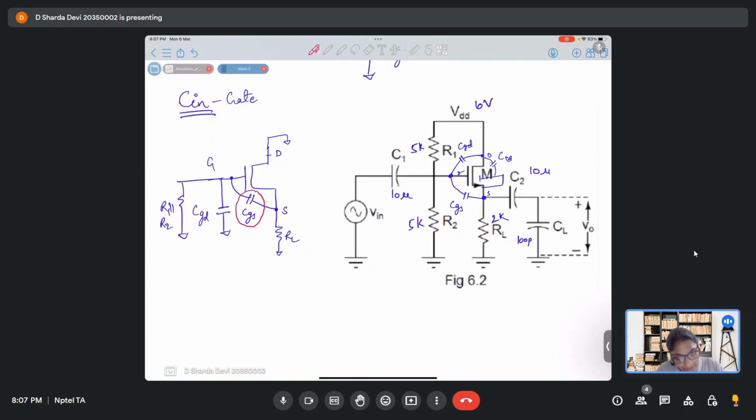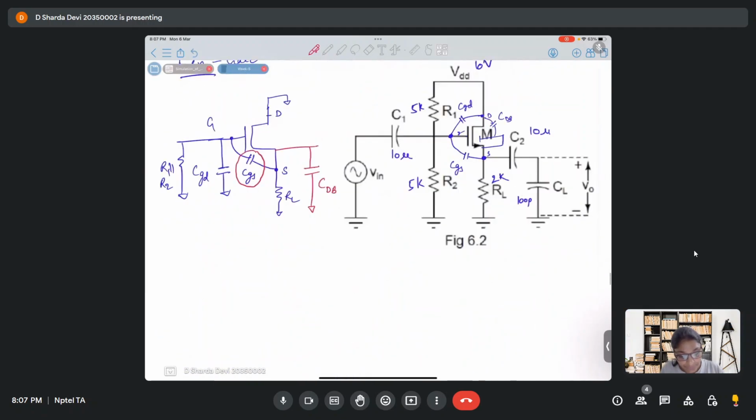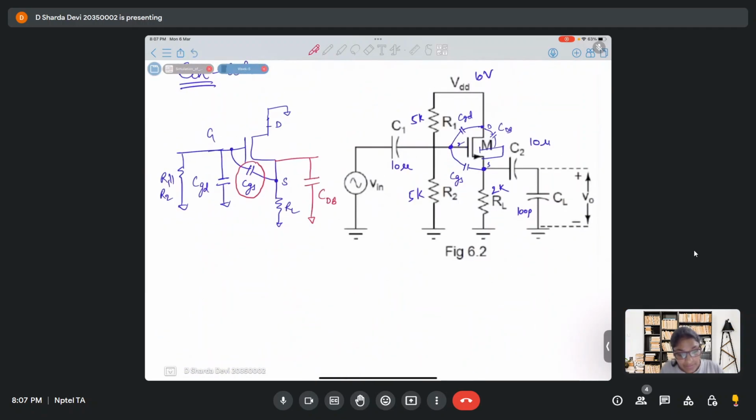और यहाँ पे we will see another capacitor coming into picture जो कि होगा CDB, right? CDB आएगा ना? आएगा कि नहीं आएगा? आएगा, but this value is very small. CDB बहुत छोटा होता है. And that is source, ना? हाँ, but source and body are shorted, right?